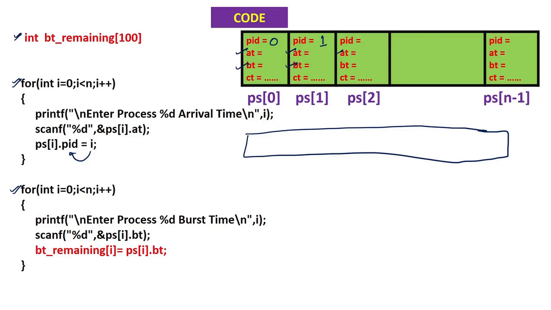If the burst time of the 0th process is 3, copy it inside BT underscore remaining at the 0th index. Let's say for PS1 the CPU burst time is 5, then copy it inside this remaining array. So whatever value we scan inside the array of structure, we copy inside BT underscore remaining. What is the need of this array? We'll see later in the video.